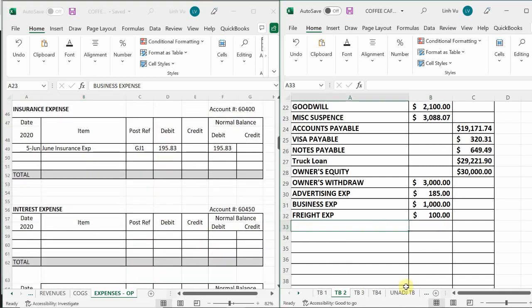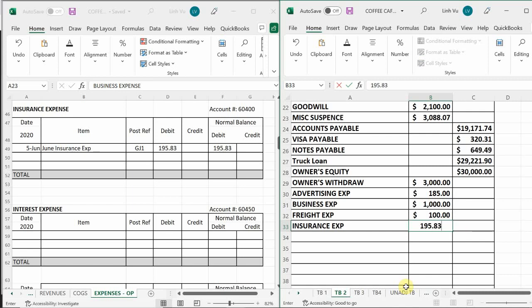We have some insurance expense, right? Same thing as the previous one. How much was my insurance expense? $195.83.